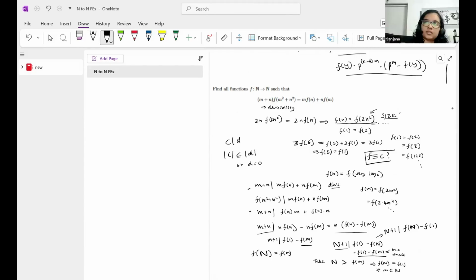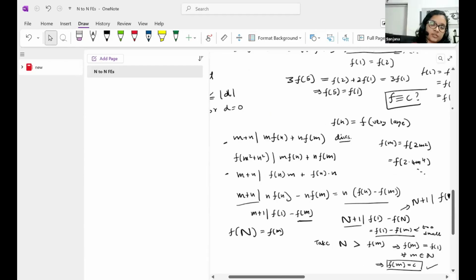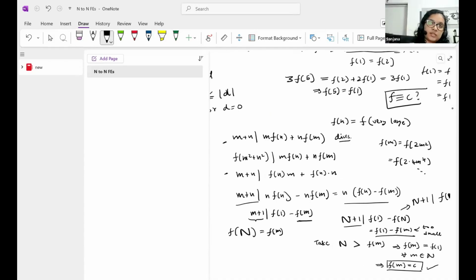Okay. Someone asked how I took this n substitution. What we want as a contradiction is we want the left-hand side to become too large. So we know that we can get f of m is equal to f of something very big. If we put in that value as m, you get something very big on the left side, and that is your capital N. But the right side is just the same right side that you have over here.